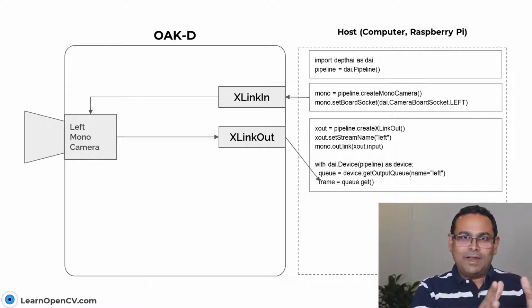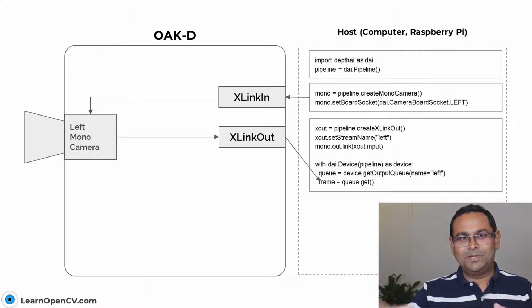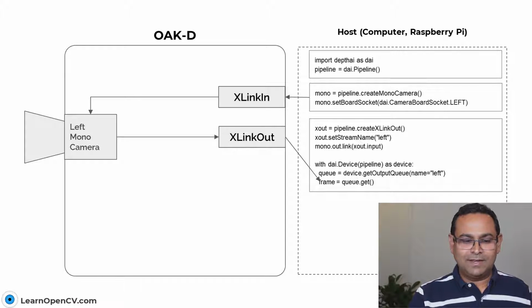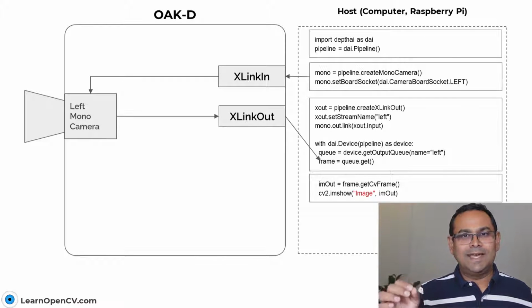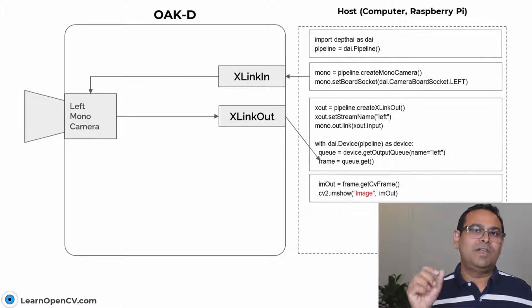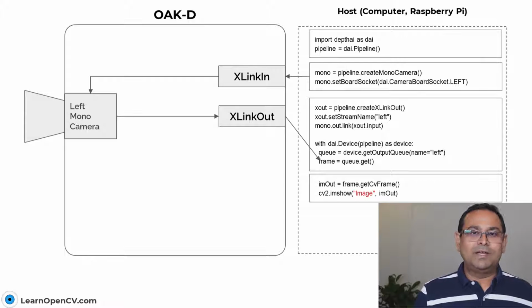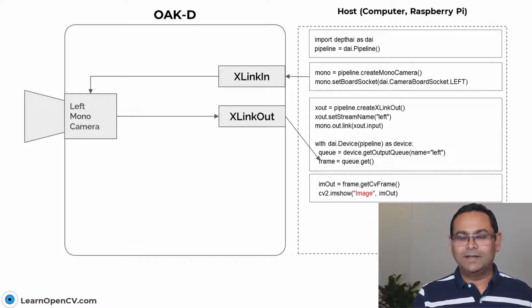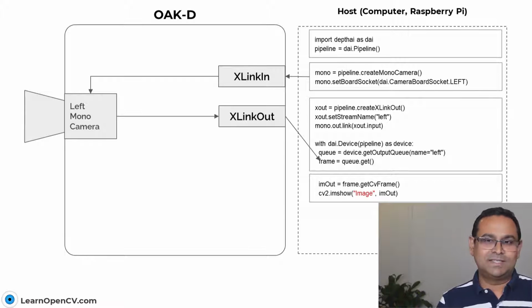And from now, the frame actually transfers from the device out into our host. Once we have that, all we need to do is use frame.getCVFrame, and getCVFrame actually converts the frame that we have received into OpenCV format. Because OpenCV is the most used computer vision library in the world, we have provided a nice function that will allow you to convert your frame into OpenCV format. Now you can use OpenCV functions like imshow to display this frame.